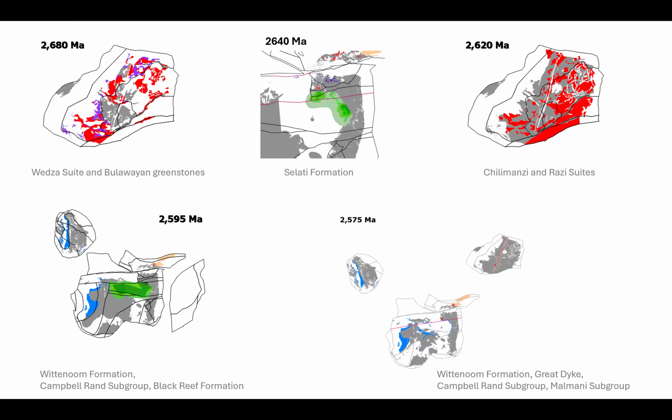It's interesting to note that the early precursor, pre-Transvaal basins effectively show sedimentation trends from northeast to southwest. So for instance, the Salati Formation, shown in the middle of the top row with isopachs taken from Button's work, I think it was. When you get younger, the orientation of a lot of these things tends to move towards a more north-south orientation.